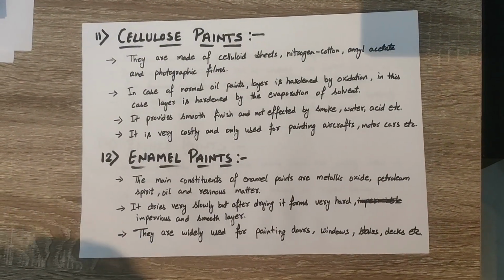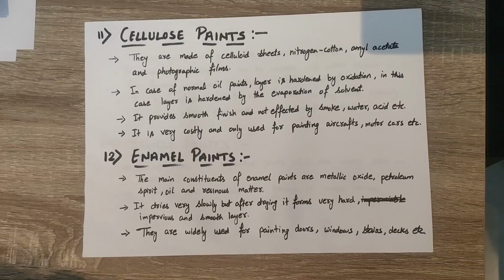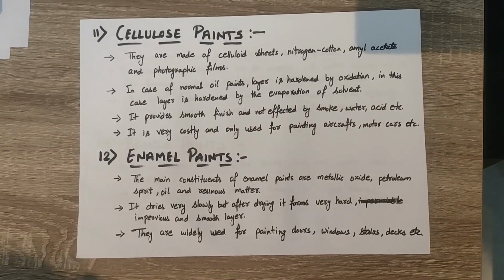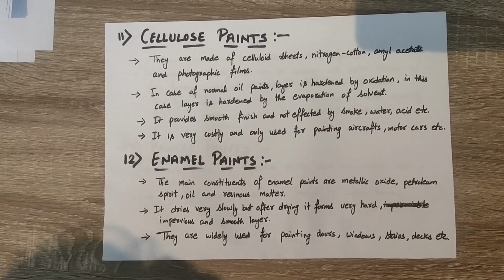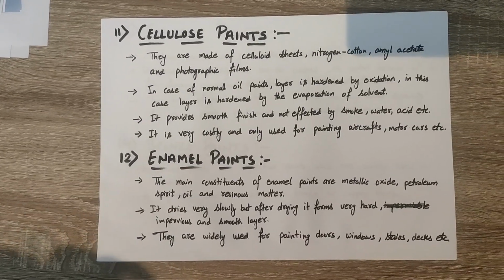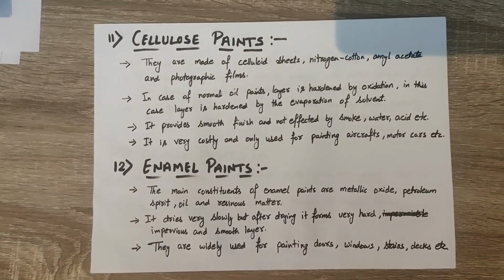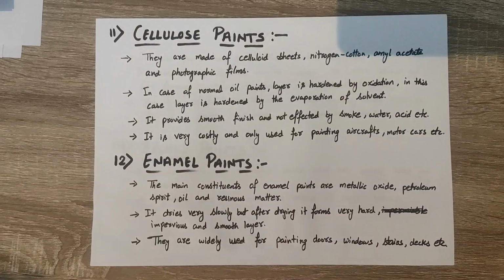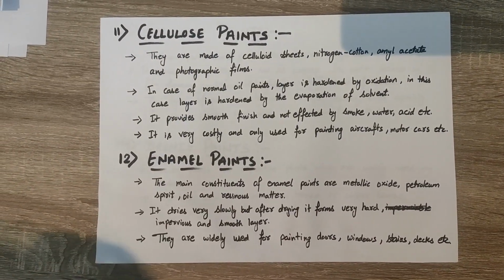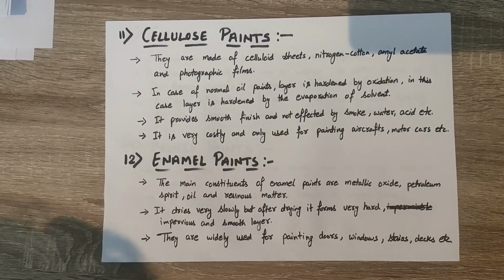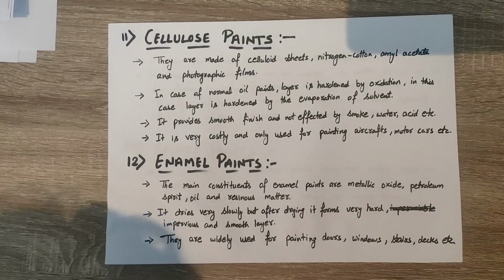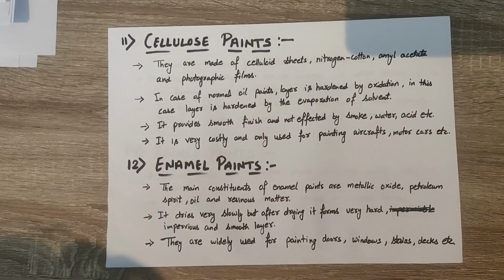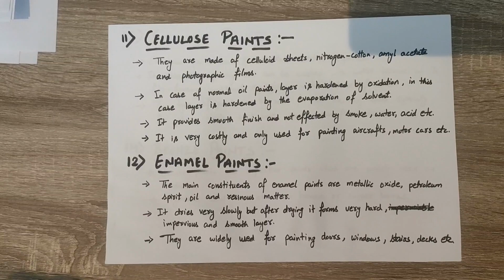So next paint is cellulose paints. They are made of celluloid seeds, nitrogen cotton, amyl acetate and photographic films. In the case of normal oil paints, the layer is hardened by oxidation, but in this cellulose paint, the layer is hardened by the evaporation of solvent.